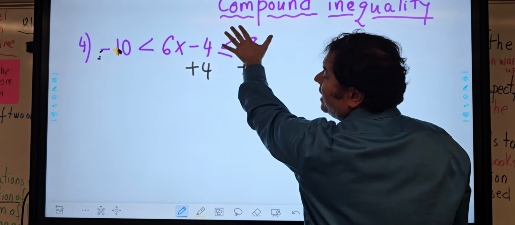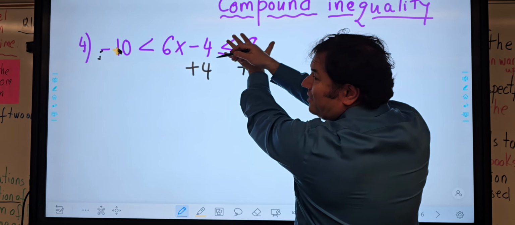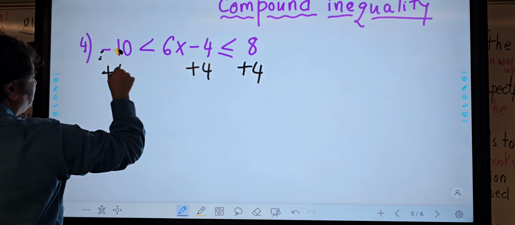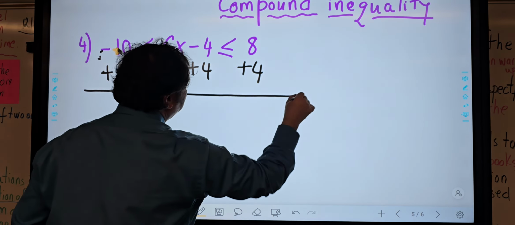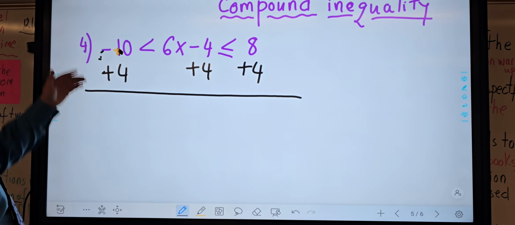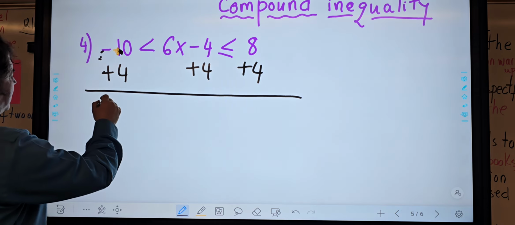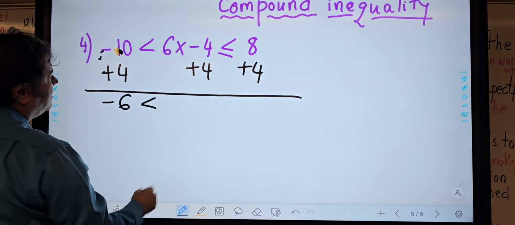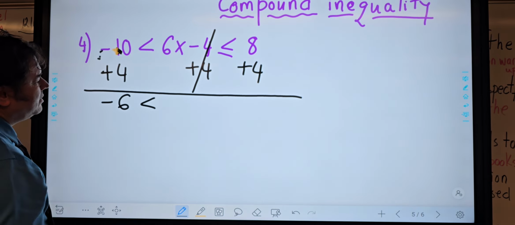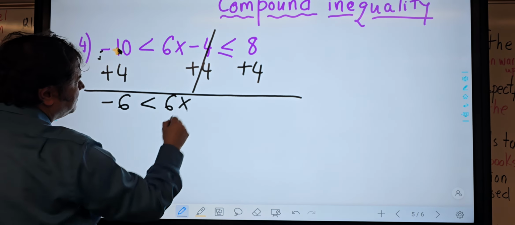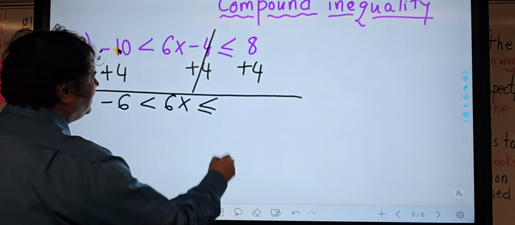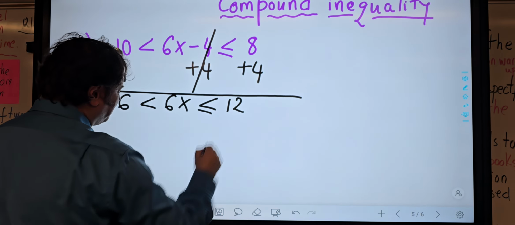And again, if we have to solve that, we'll have to add 4 also on both sides. So let's add 4 also on this side. Okay, and that works. So negative 10 plus 4 becomes negative 6 less than, this cancels out, 6x, and less than or equal to 8 plus 4 is 12.